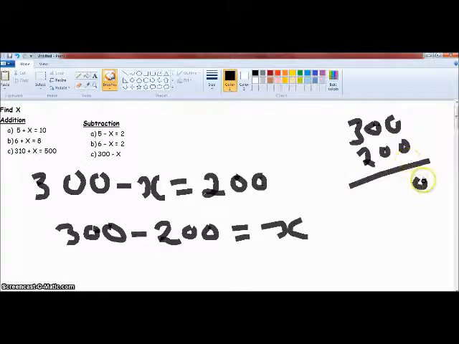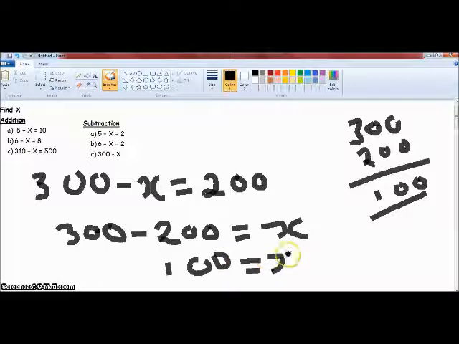0 minus 0 is 0, 0 minus 0 is 0, 3 minus 2 is 1. So this means 300 minus 200 is 100. So 100 equals x.